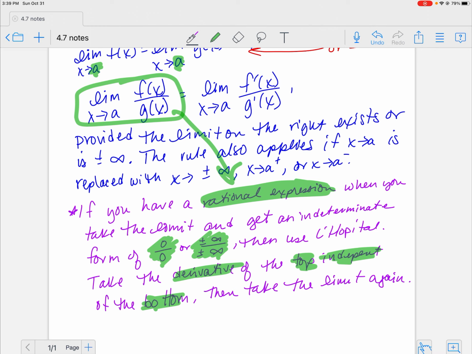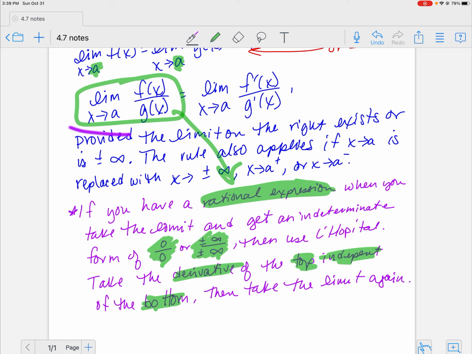There's a big, huge proof as to why this happens. It's in your book and you are welcome to go through and look at it. I would be happy to talk you through it if that's something you want to talk about. I'm not going to take class time to do that because L'Hopital's rule is what we need to know.